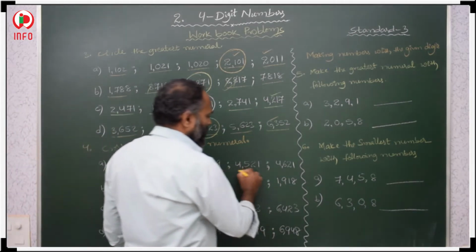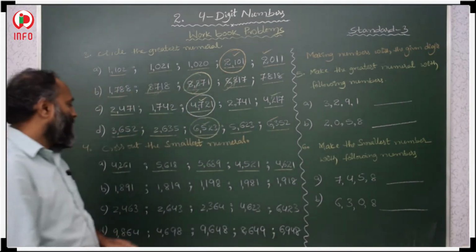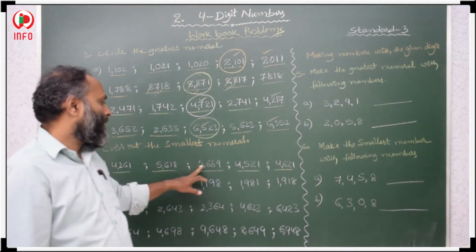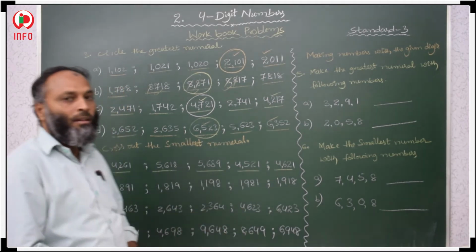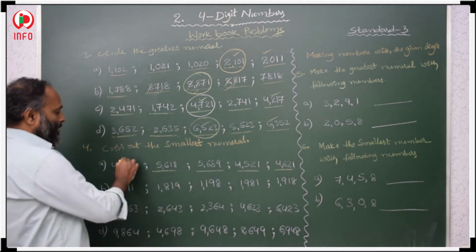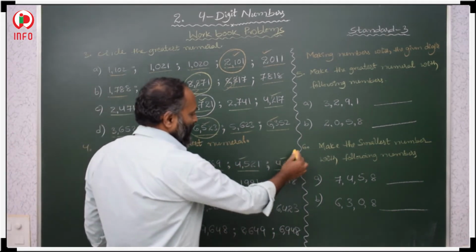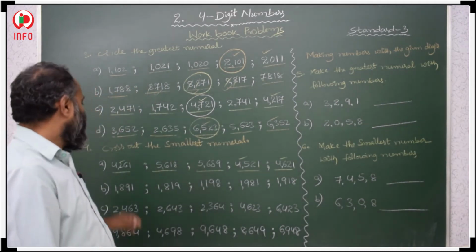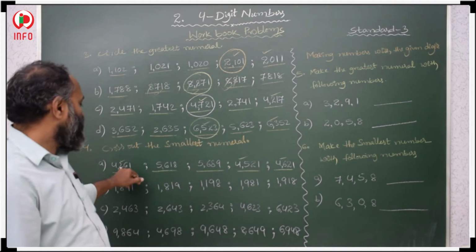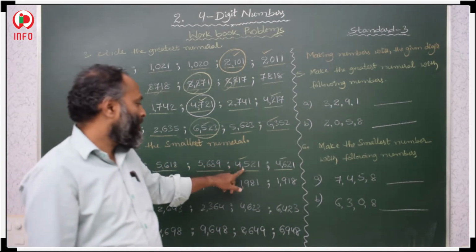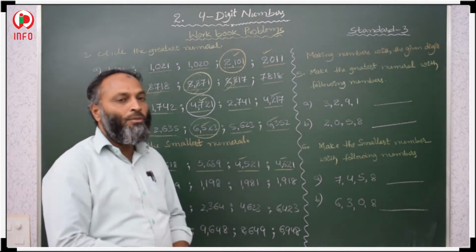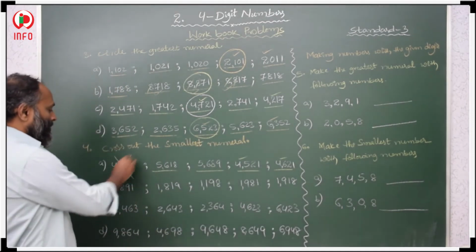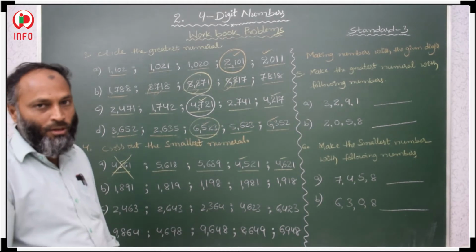In the thousands place: 5, 5, 4, 4. 5 is bigger, but don't go for bigger, go for smaller. In these three we have to decide which one is smaller. For that you check the hundreds place: 2, 5, 6. 2 is the smallest. Then cross out this one, the smaller one.